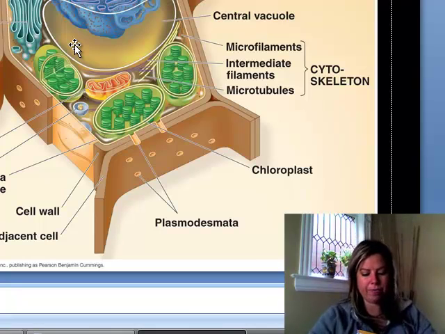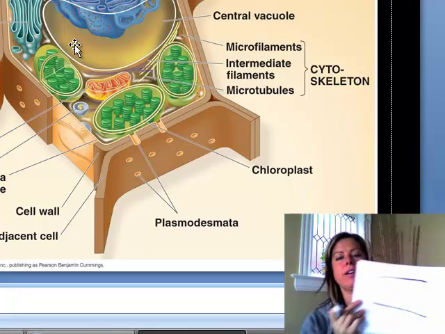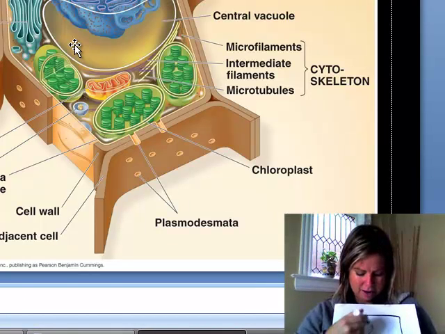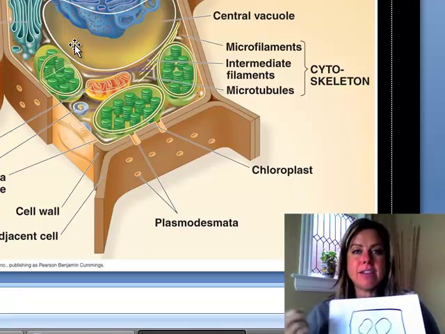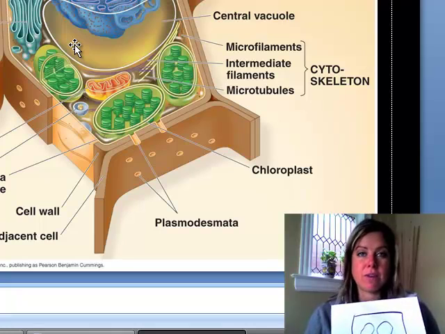Okay, so we've got an onion cell right here. That onion cell is going to have two vacuoles like that, and these two vacuoles are going to contain different chemicals. Separately, they don't do anything to each other, obviously, because they're separated.